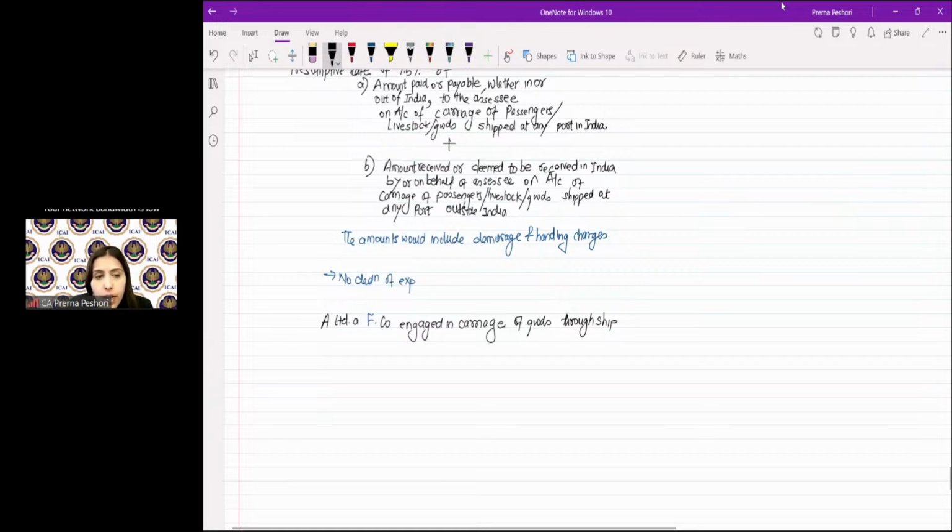Now, I'll give you the amounts. It operates the ship between India and Singapore. Are we clear? Then, in that particular case, it is engaged in the carriage of goods shipped at Mumbai port, and it received the following amounts. Let's say it has received certain amounts on the carriage of goods and for the carriage of passengers.